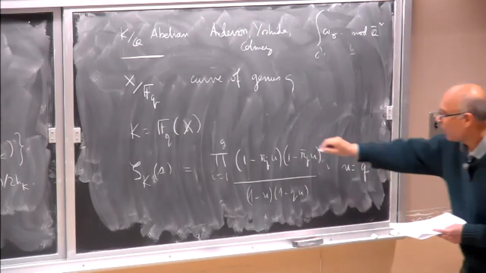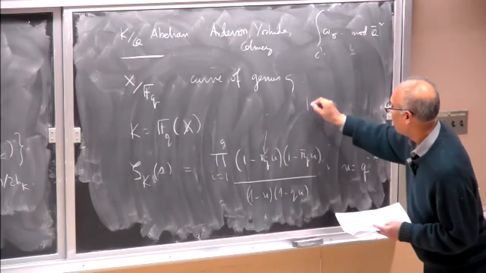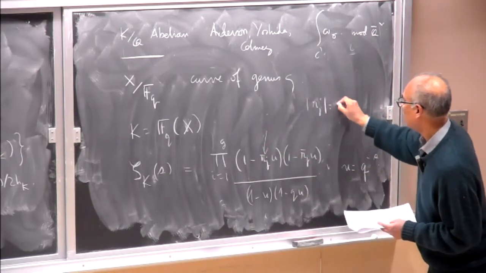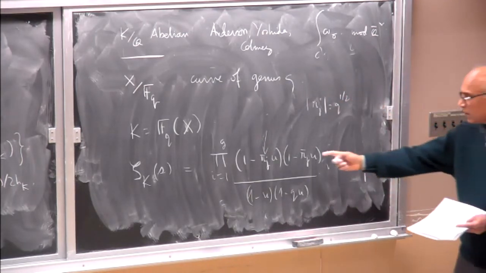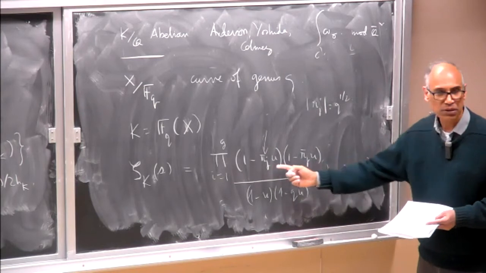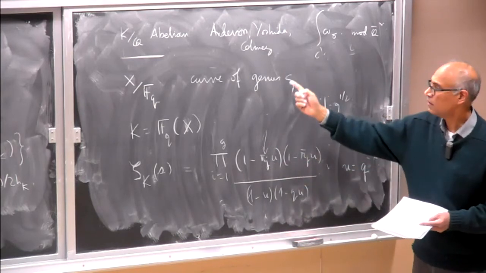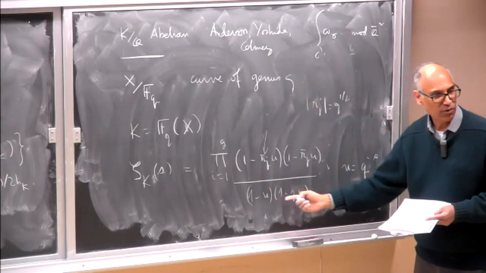Okay, so there are certain complex numbers, all of absolute value q to the half. These are so-called Weil numbers. And the zeta function is a rational function. On the top, you have a polynomial of degree 2g, where g is the genus. And on the bottom, you have 1 minus u and 1 minus qu.